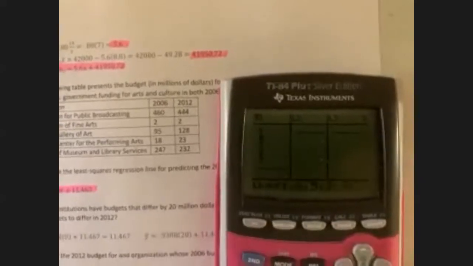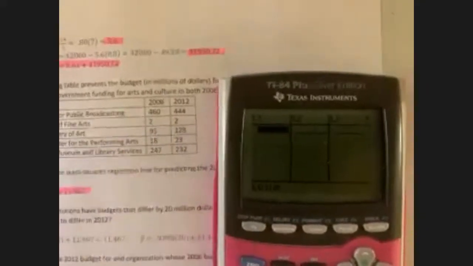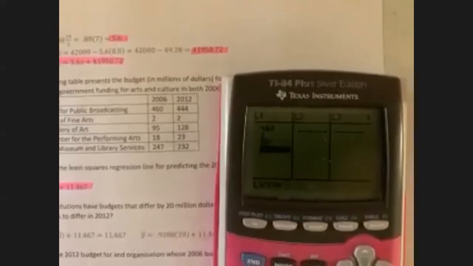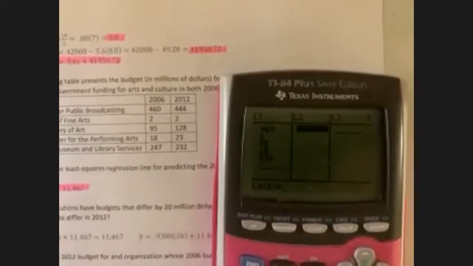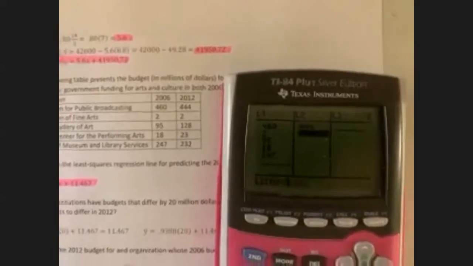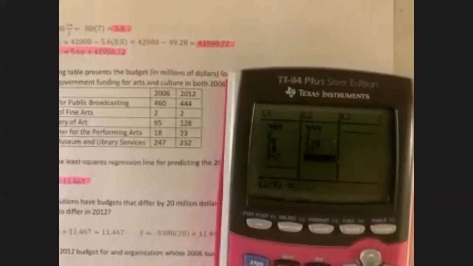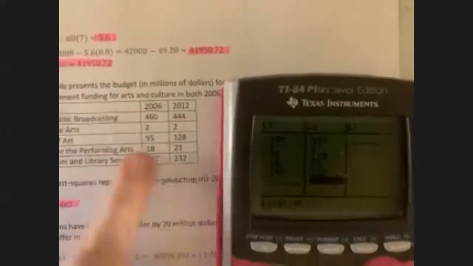I'm going to go up to L2 and press Clear and Enter. And then I'm going to put in this data set. So I'm going to do 460, 295, 18, and 247. And then we're going to go to 444, 2, 128, 23, and 232. Okay, so same data set, just bring it across.